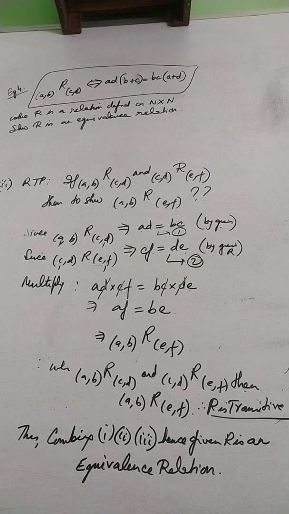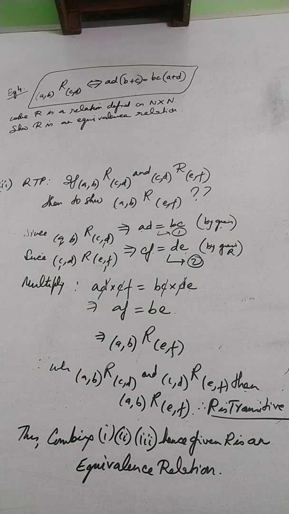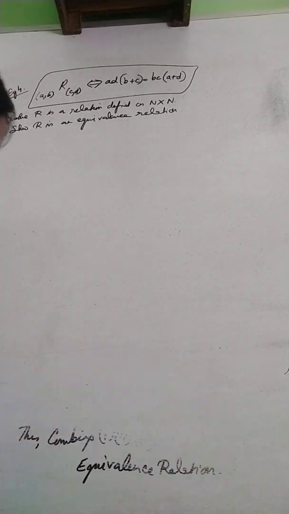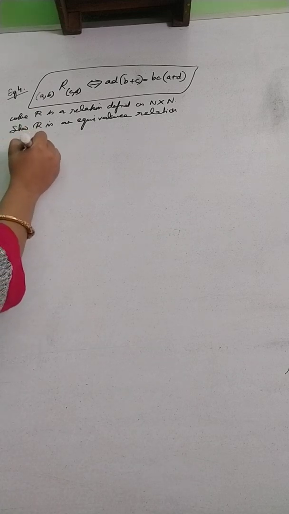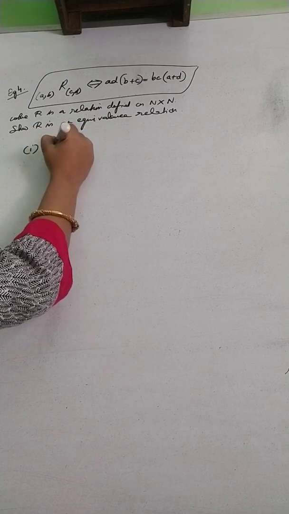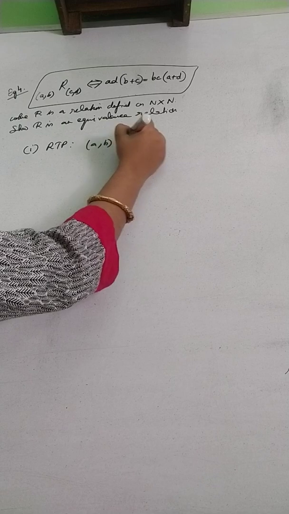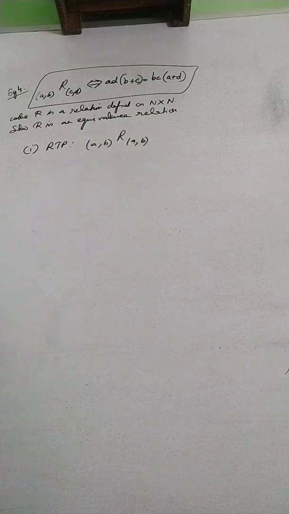We'll proceed as usual. That is, we will show it is reflexive, symmetric, and transitive. These are the three things we have to show. So accordingly, the first one, subpart 1, we are required to prove that AB is related to AB. How will we show?